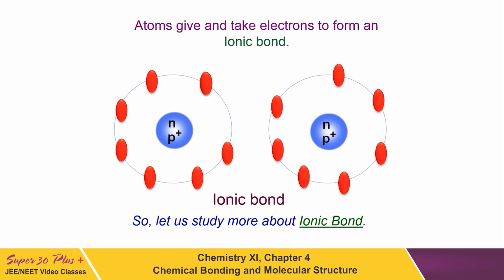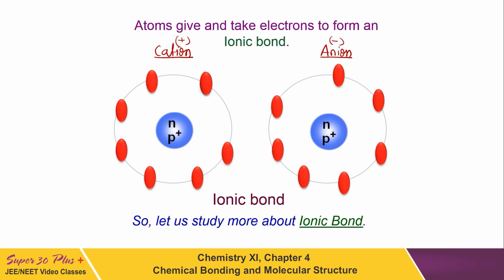See, what you see in front of you is the ionic bond. In this, one atom gives and another takes the electron to form the ionic bond. The atom which gives the electron forms a cation, and the atom which gains the electron is called an anion, negatively charged, and this one is obviously positively charged.